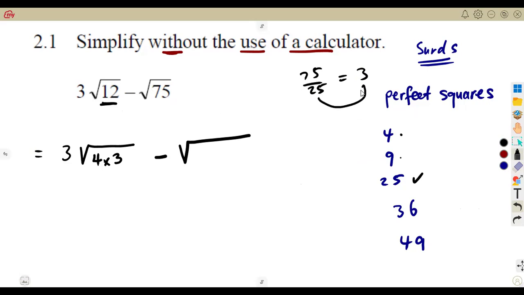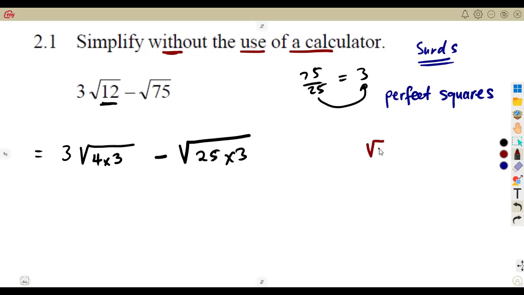Meaning the product of these two, 25 times 3, gives us 75. We have a perfect square. Why are we worried about the perfect squares? Because we can determine their square roots. We can determine the square root of 4. We can determine the square root of 25.